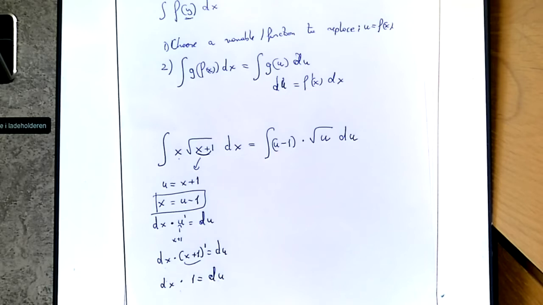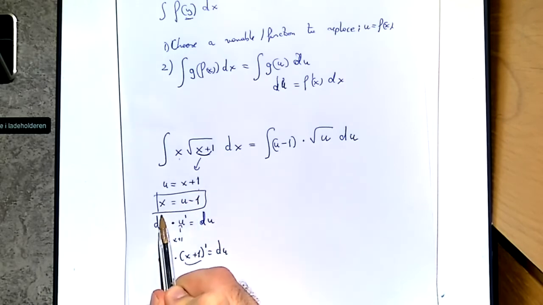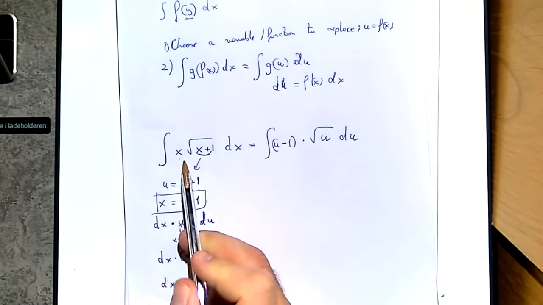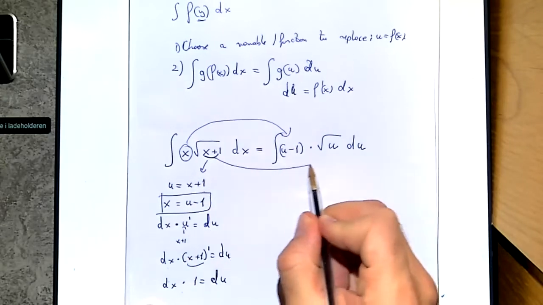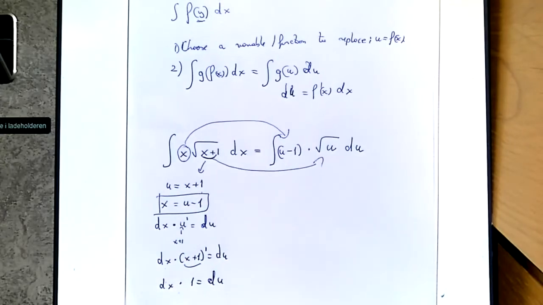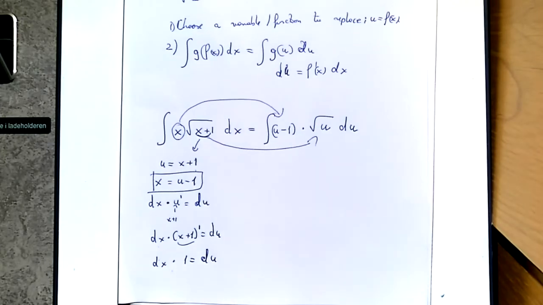If u is x plus 1, then x is u minus 1. X plus 1 becomes u by notation, and dx is equal to du. Any questions here?